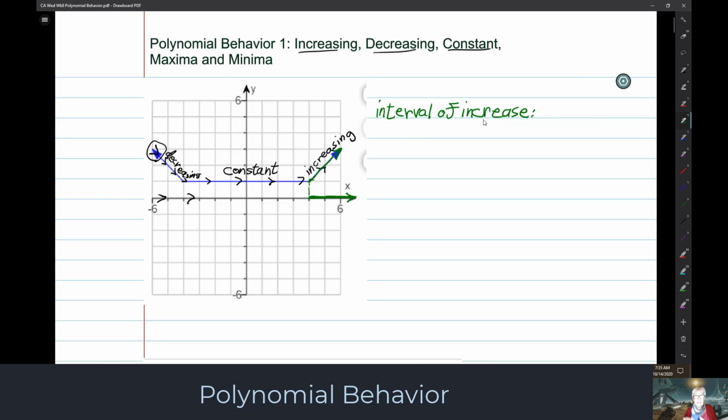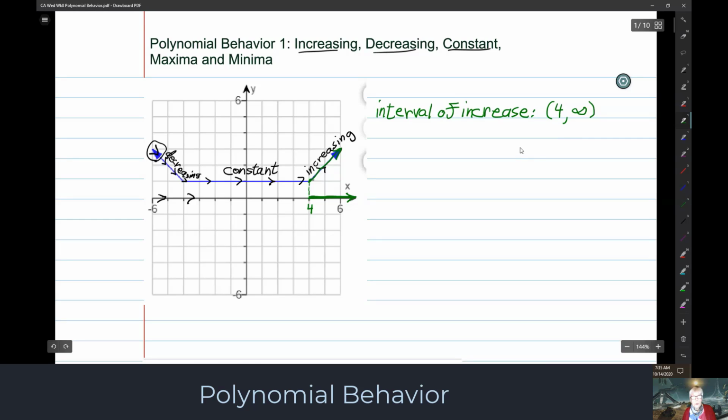If you were to say all of the words, it would be, what is the interval on the x-axis where the graph is going up? So let's see, this is 1, 2, 3, 4. Okay, so the interval of increase is 4 to infinity.